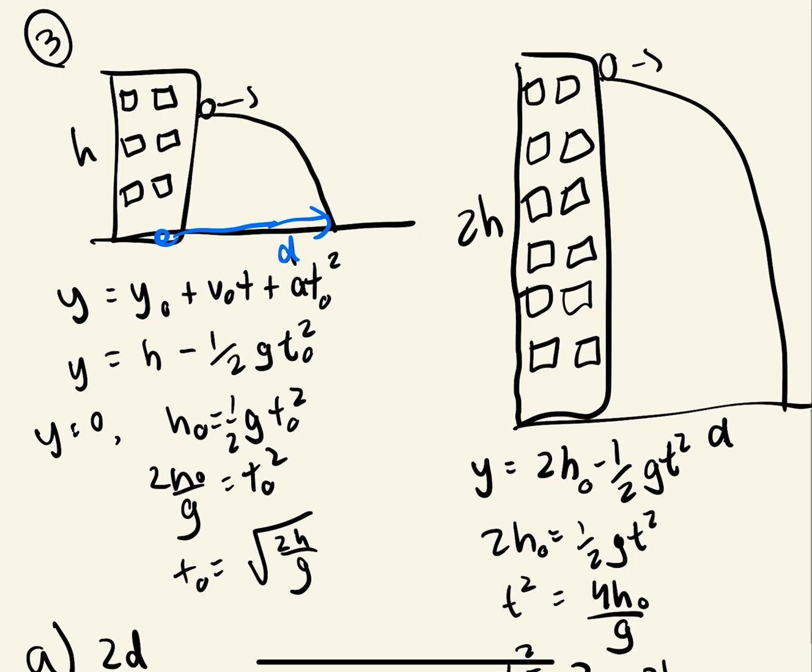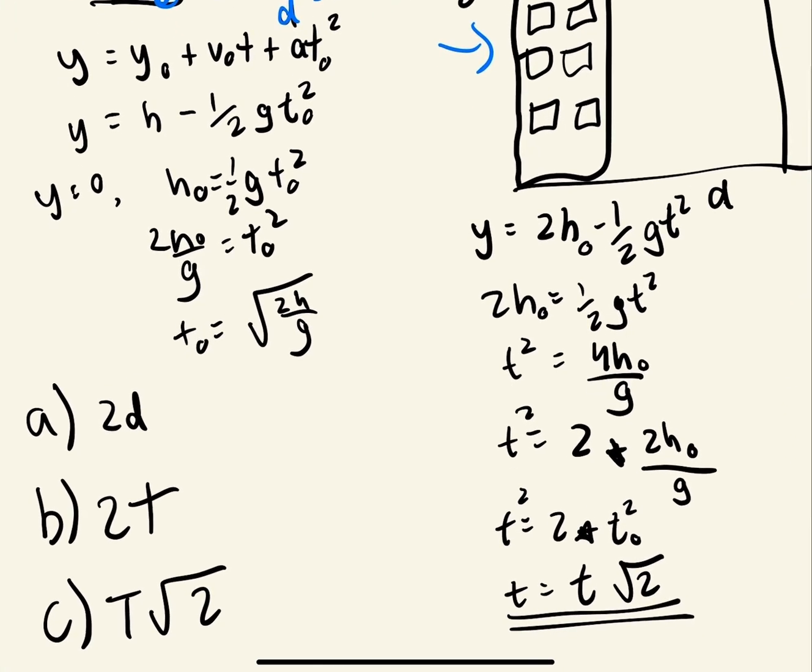resistance. If the building were twice as tall, like this case right here, the ball would have halved. So the answer is 2d, right? It would be a distance of 2 times from the foot of the building.